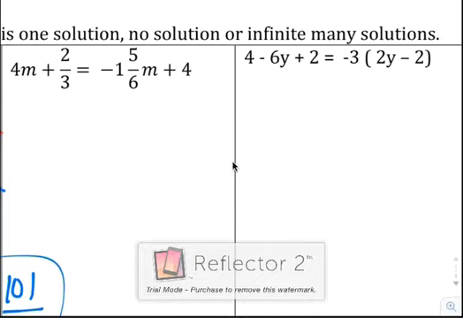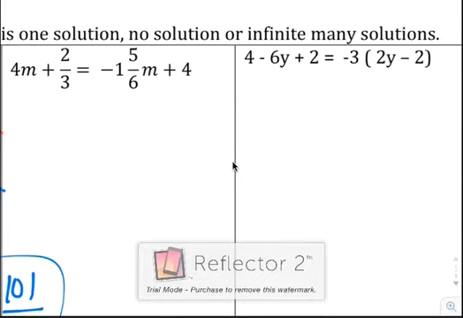Okay. We can't get rid of the fractions if these are mixed numbers. You need to make them improper first. So make it improper. Negative 11 over 6m plus 4, 4m plus 2 over 3.